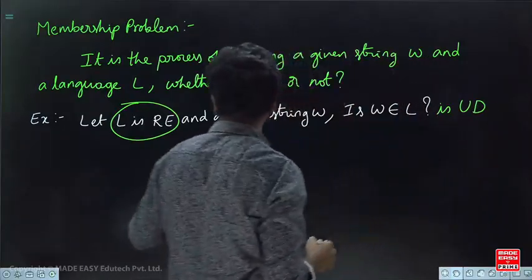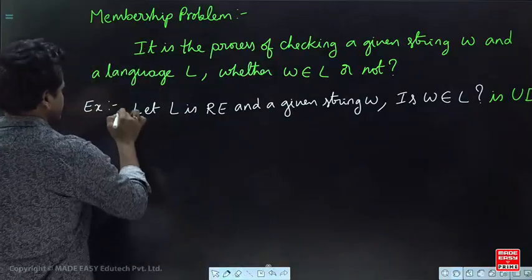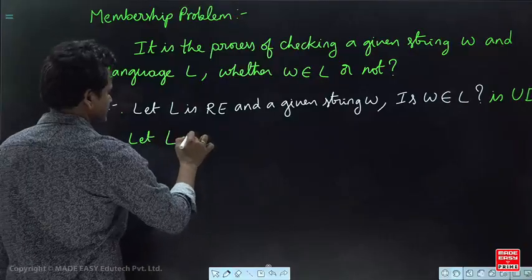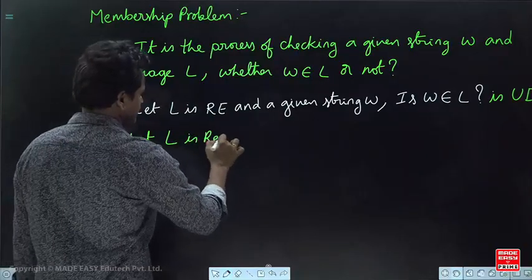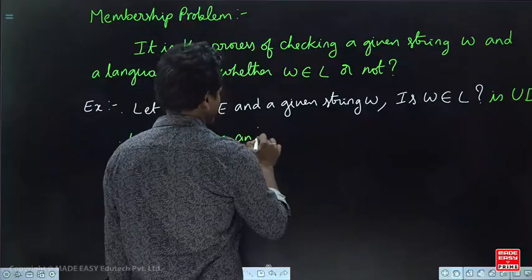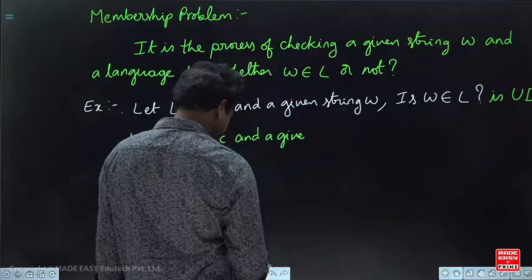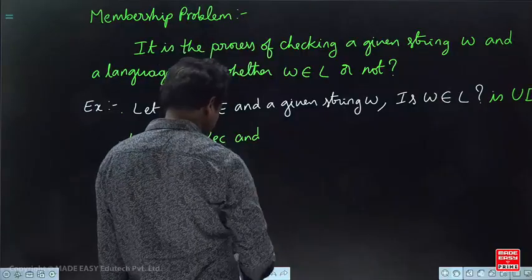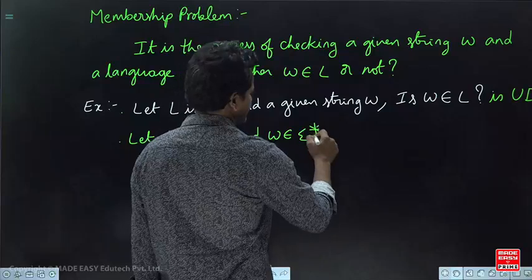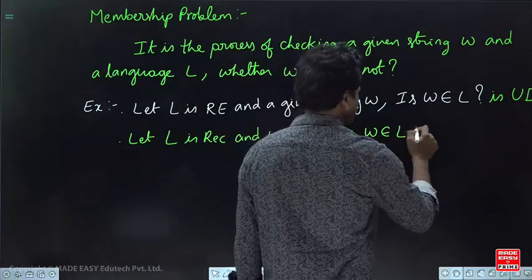Suppose I'll give you one more question. Example: let L is REC and a given string W belongs to sigma star. Is W belongs to L?